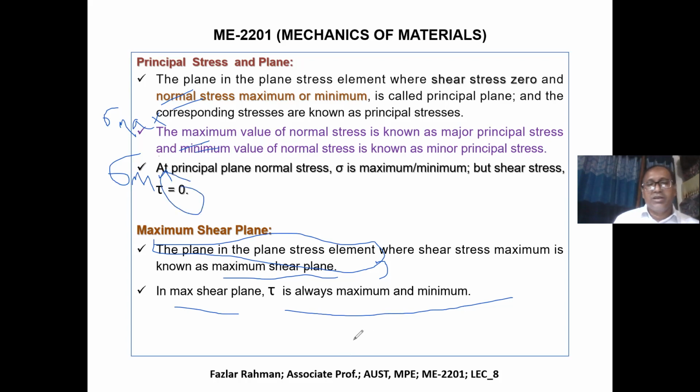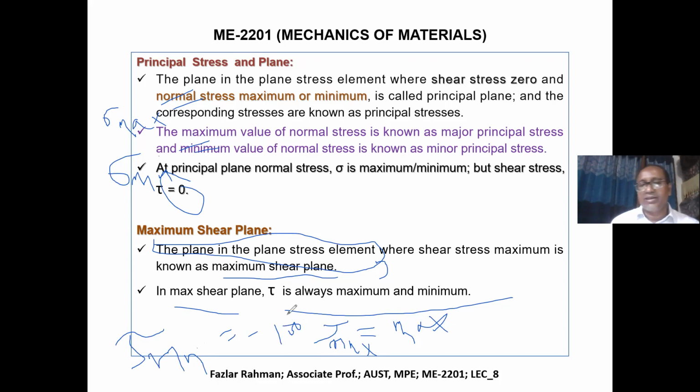Tau is 0. But right over here, you get tau max. I'm saying this is the tau max value, say 100. So what will be the tau minimum value? Similarly, you get the other value, tau minimum, which is minus 100.